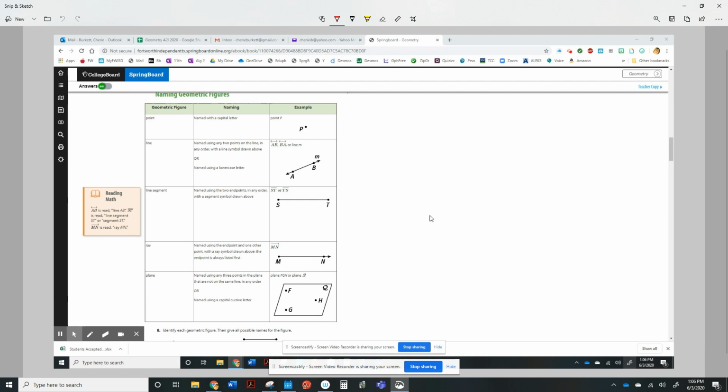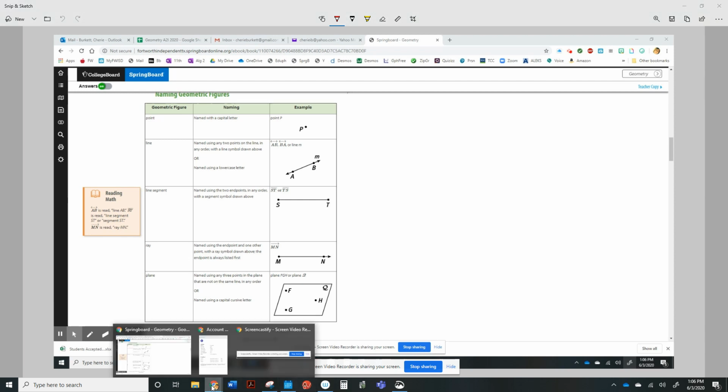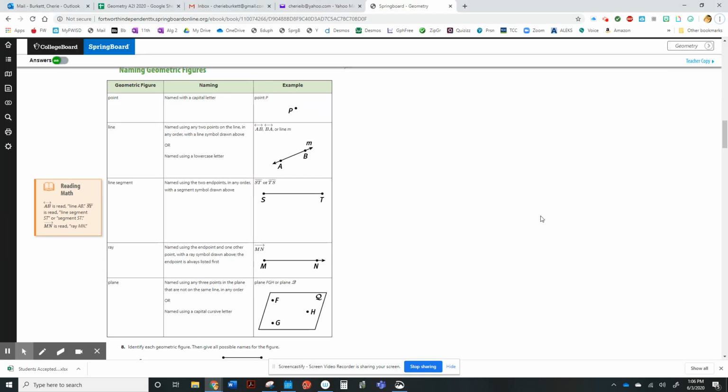And just FYI, I have tried a couple of programs, or I should say extensions, that allow me to write on this web page, and none of them have been very good.